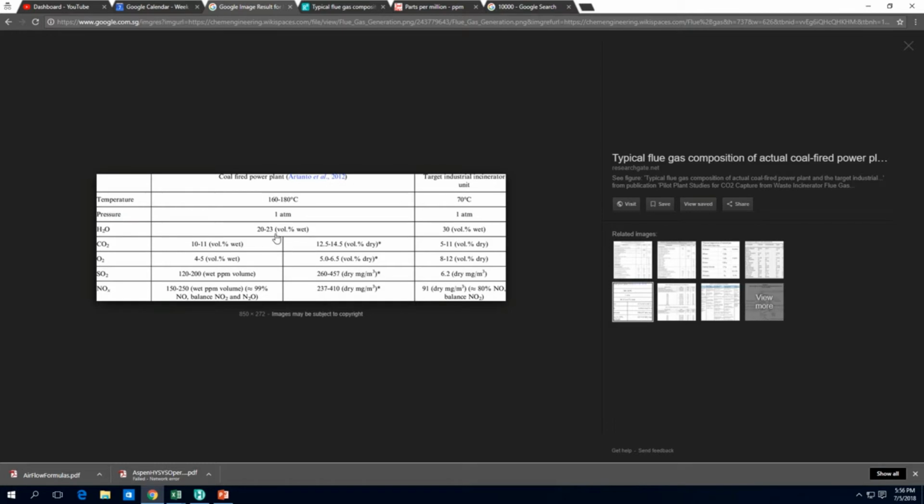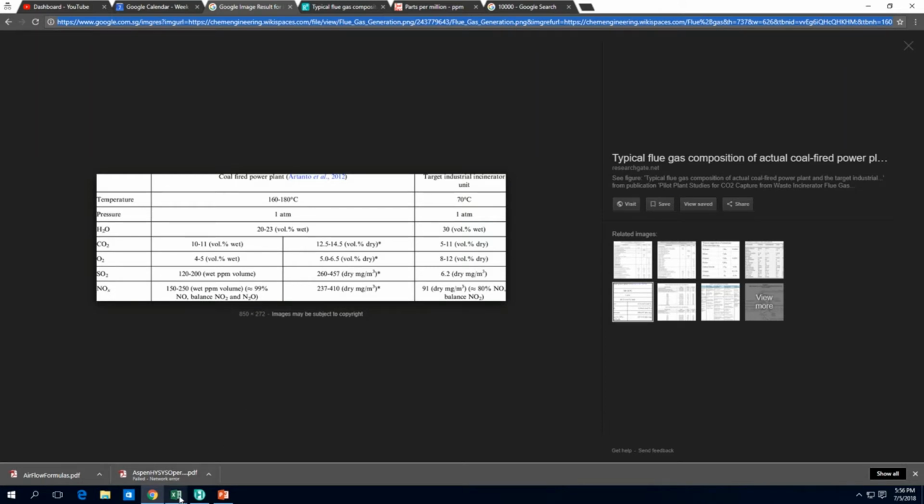Volume is about 23% water, about 11% CO2 by volume, O2 about 5%, sulfur dioxide about 200 ppm, you just take the high amount, and the NOx, the nitrogen oxides, that will be about 250 ppm. So we'll just assume 99% of that is NO, the balance is NO2.